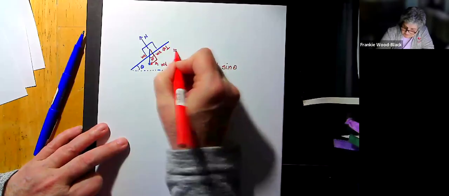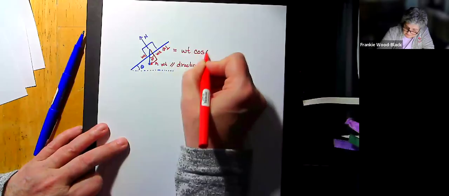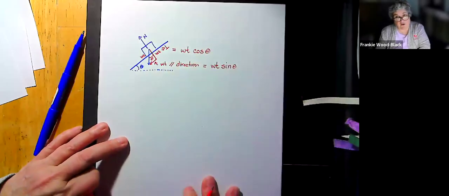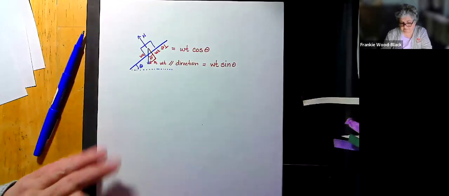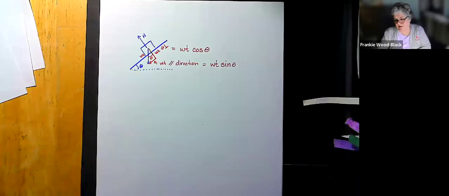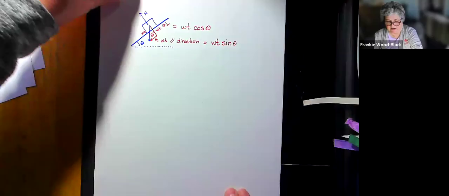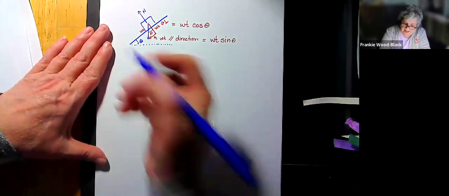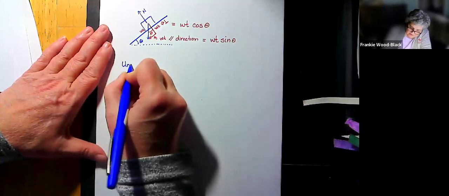If I'm doing the weight perpendicular, that's the weight times cosine of my angle. And so you can break up your components into its different parts. So that's one of the interesting things that we've got to deal with. So let's go ahead and do Newton's other law, and this is the universal law of gravitation.